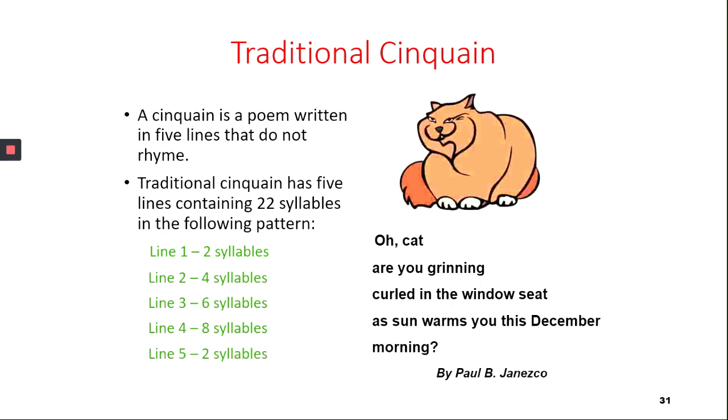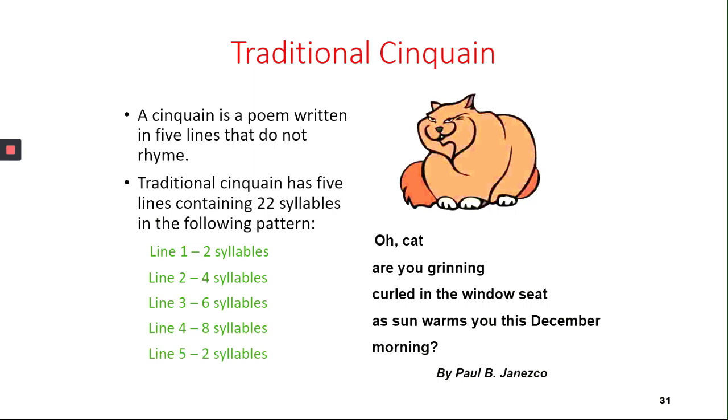Line 1 has 2 syllables, line 2 has 4 syllables, line 3 has 6 syllables, line 4 has 8 syllables, and line 5 will be back to 2 syllables. Total of 22 syllables. So again, if you're gonna write a traditional cinquain, it should have 5 lines and 22 syllables in total.